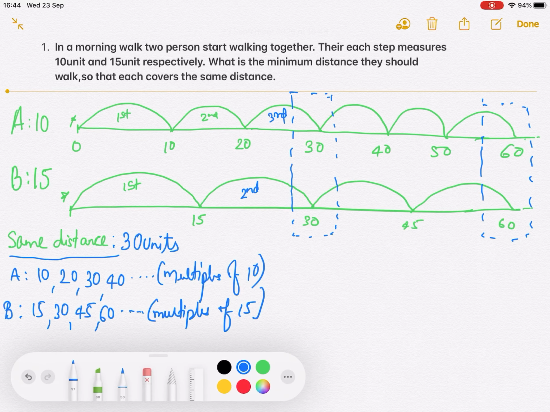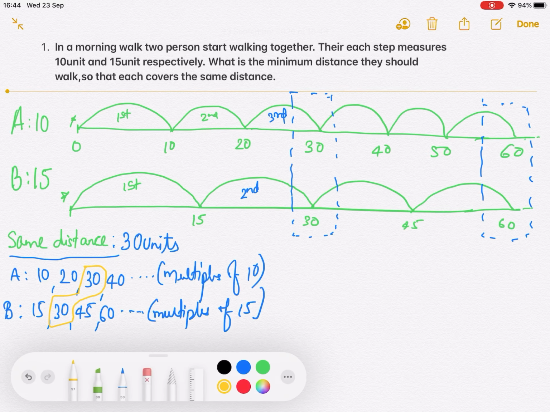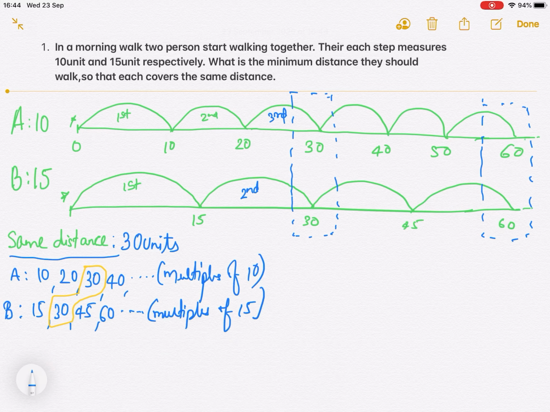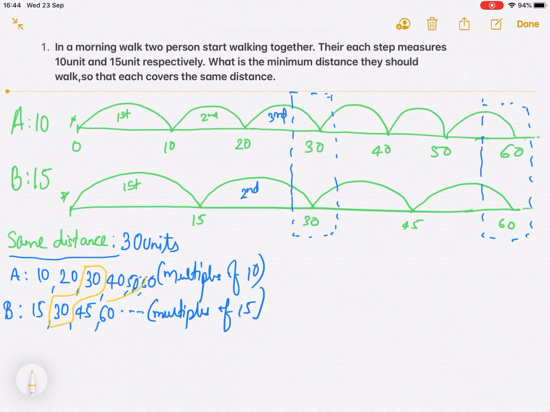So for example, in this case, the first common multiple was 30, and you will also get 60. The second common multiple was 60. But in the question we were asked for the minimum, so we found a common multiple, but we had to find the minimum distance.